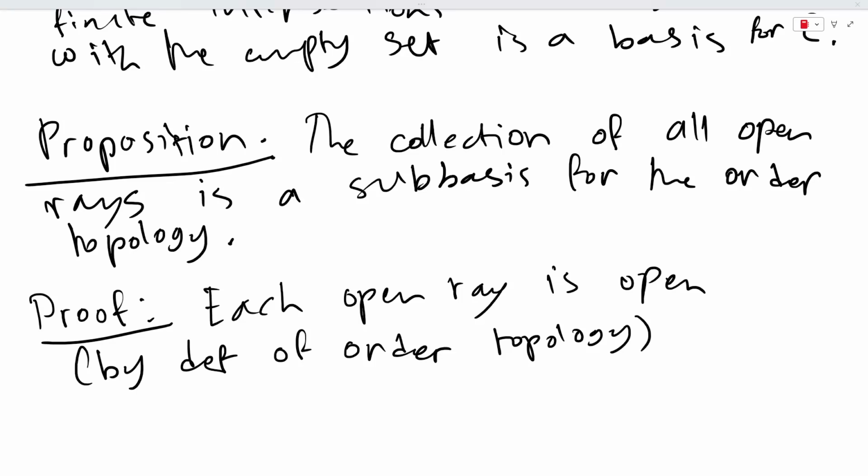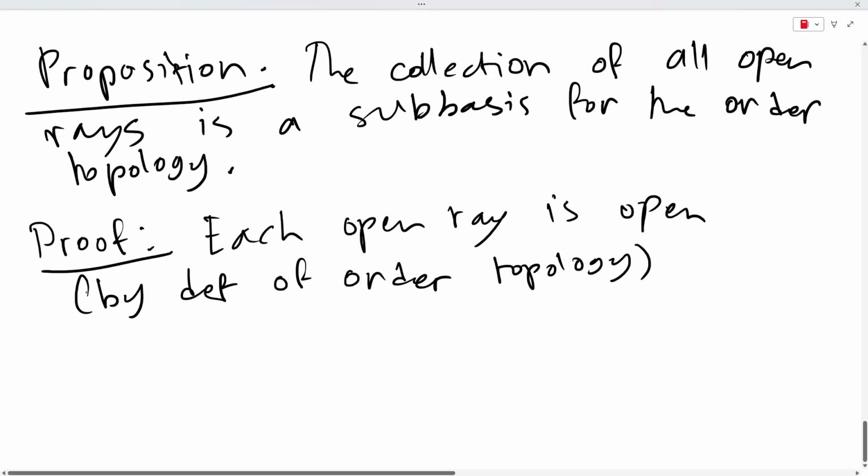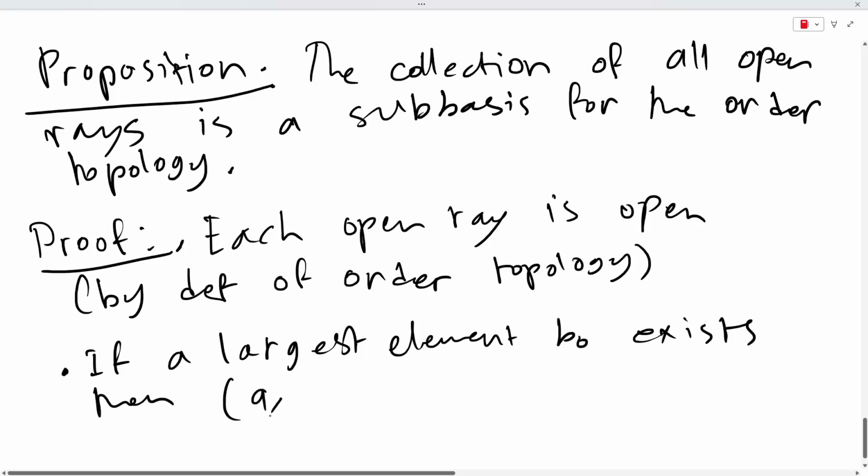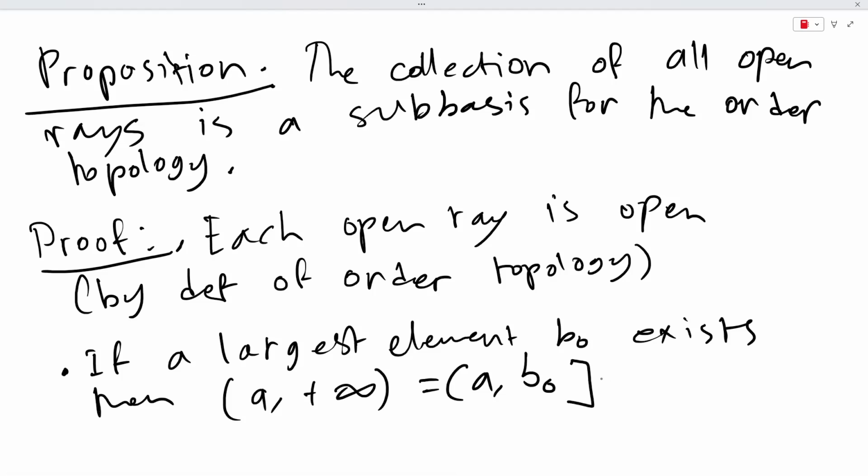So since each open ray is open, if a largest element b0 exists, then the open ray (a, +infinity) is just of this form.